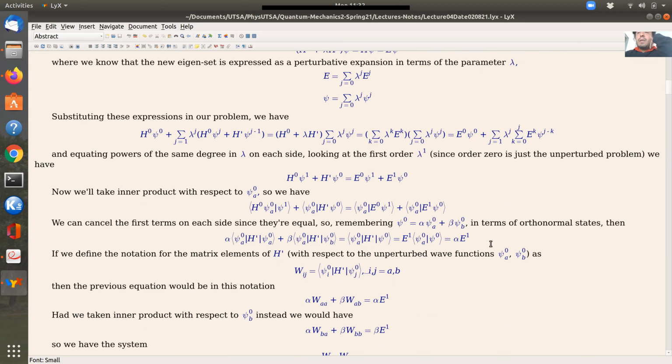This vector, if you remember, is the vector of the coefficients for the good states that we attempt to find. So what this is telling us is that finding the correction to the eigenvalues and the good wave functions is equivalent, in this two-dimensional degenerate subspace case, to solving an eigenvalue problem and finding the eigenvectors afterwards.